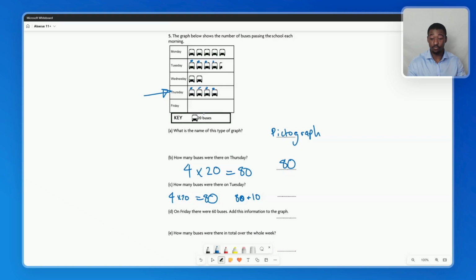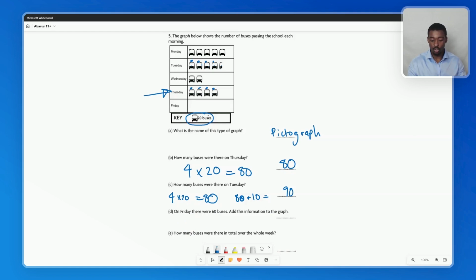Because think about it, if a full picture is 20 buses, then half of that picture is going to be half of 20 buses, which is 10 buses. So here it's 20, 40, 60, 80, 10. So 90 buses.